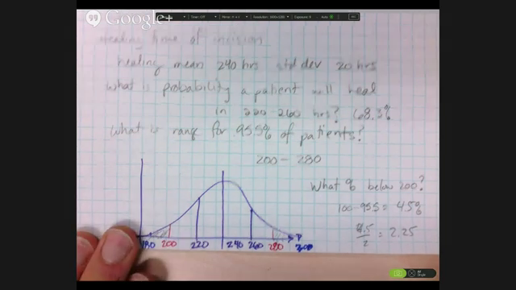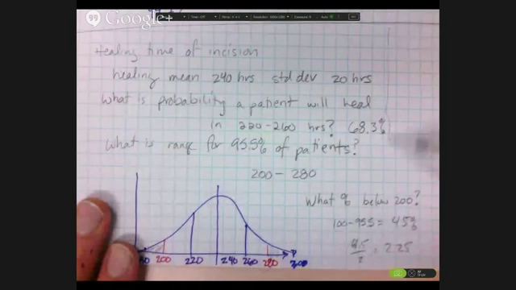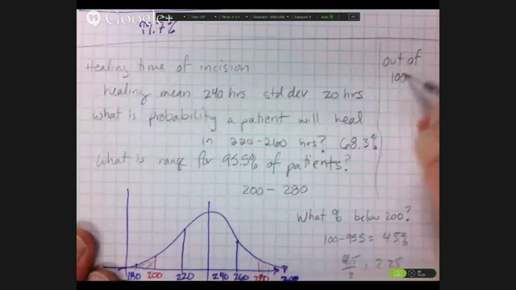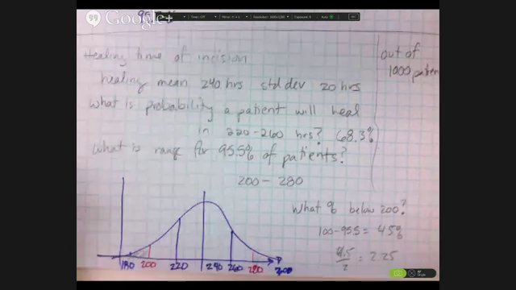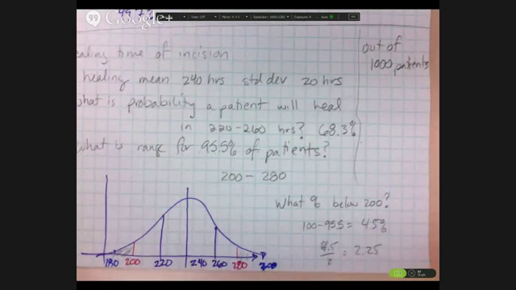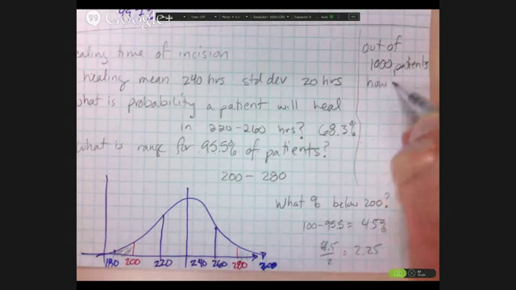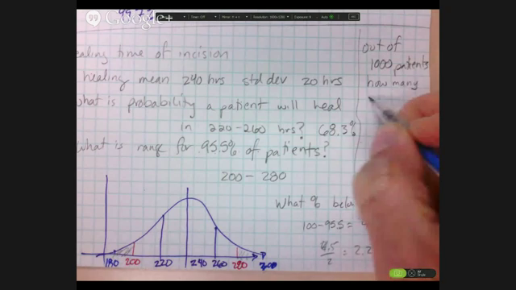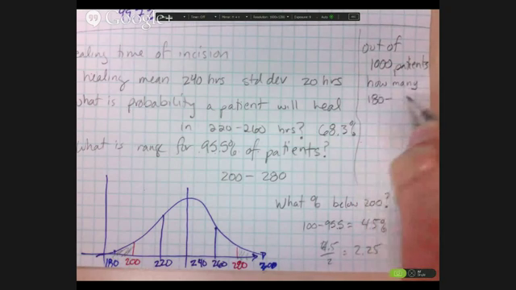Okay, here's the last kind of a question you'll see. Out of 1,000 patients, okay, last one here, hold yourselves together. Out of 1,000 patients, how many will go from 180 to 300 hours?